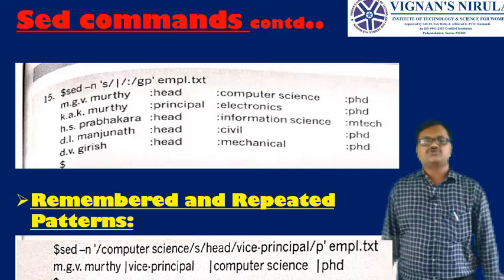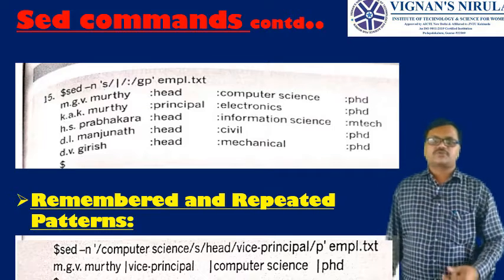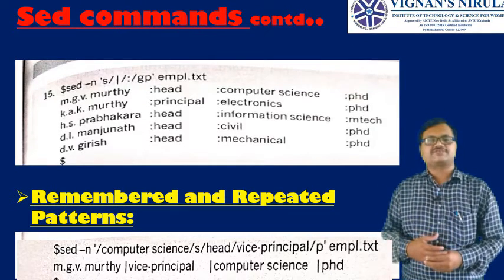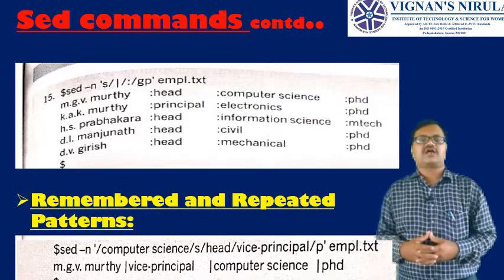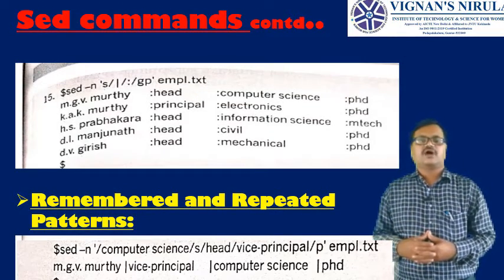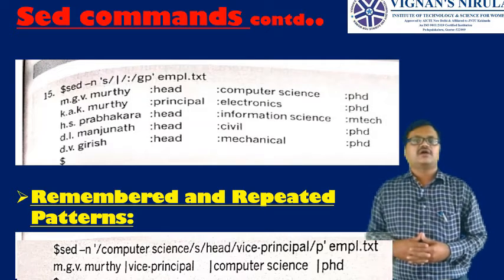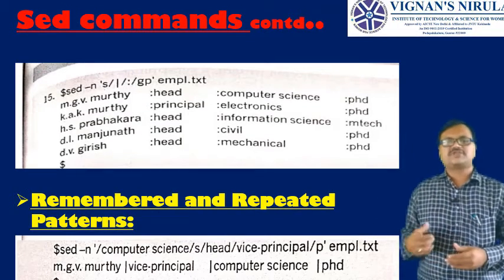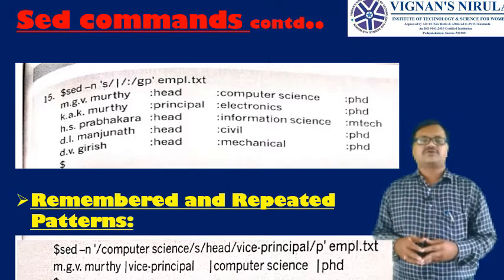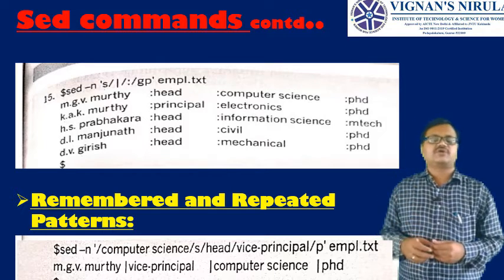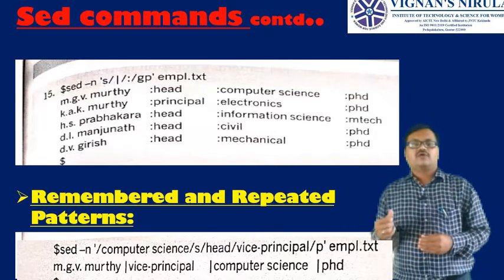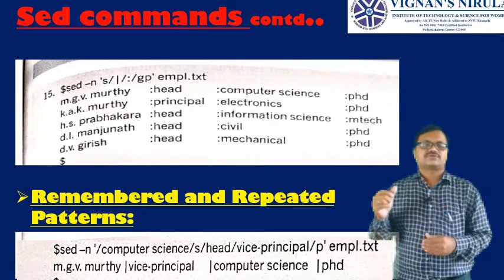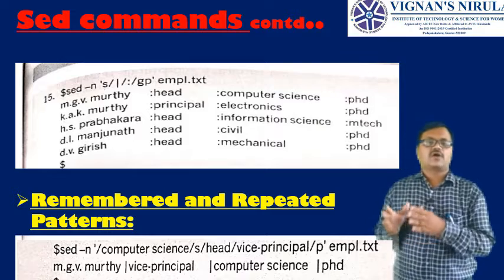Next, suppose you want to update the file to give computer science as computer science and engineering. How can you do that? First, search for the computer science keyword. sed space, give the pattern, that means computer science.